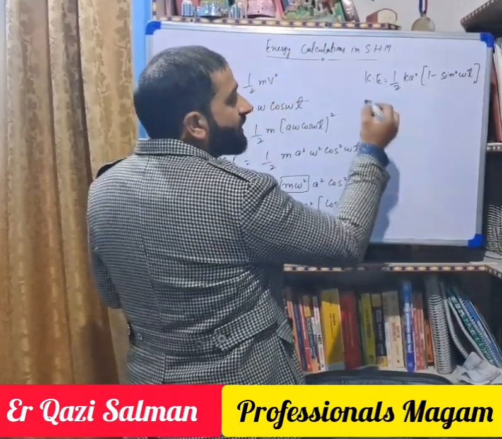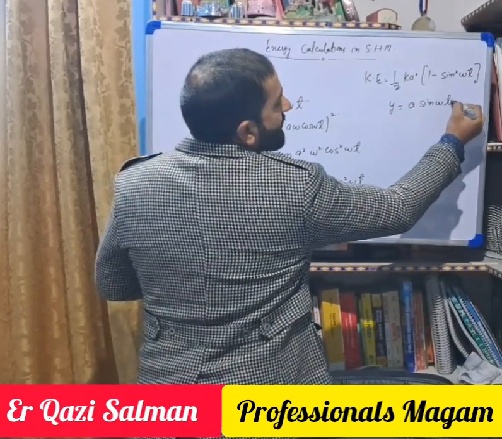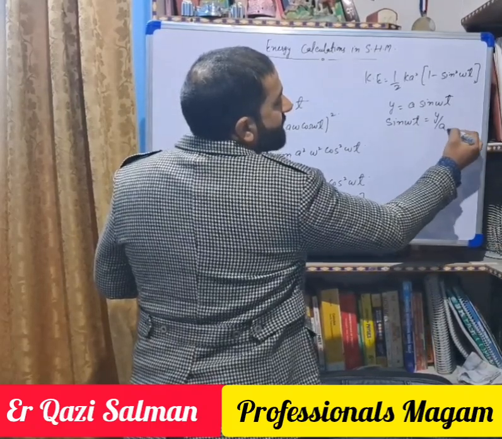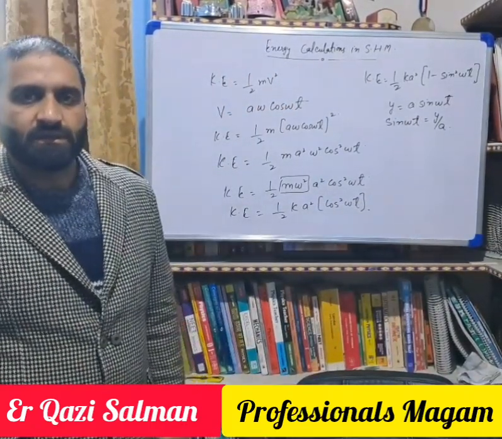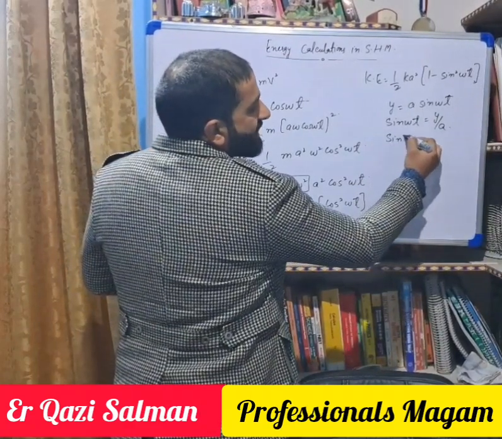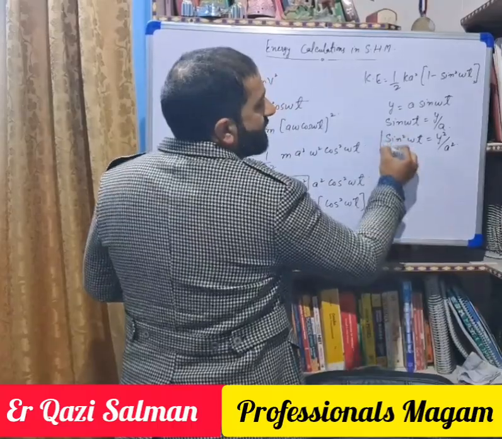Now, when we talk of simple harmonic motion, y is equal to A sin ωt. So sin ωt is equal to y divided by A. Squaring, sin² ωt will be equal to y² divided by A².